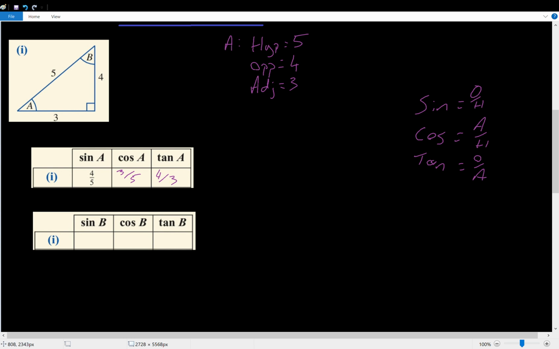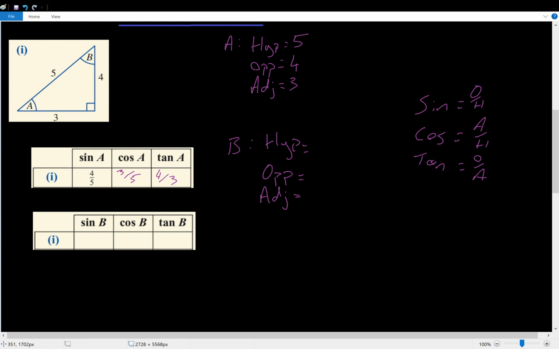Now we've got to get our sine, cos, and tan of B, which means we've got to go about naming out the sides again, so we know what numbers to put in for this. Okay, well the hypotenuse doesn't change. No matter which angle we're talking about here, the hypotenuse is still the hypotenuse. It's still the side directly across the right angle.